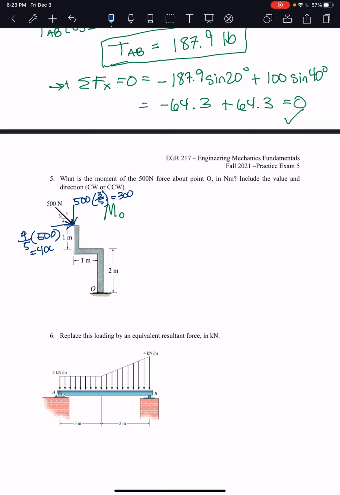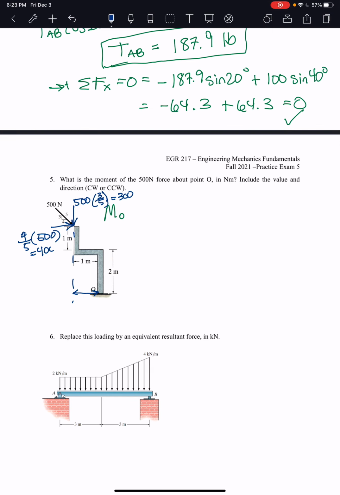And so that distance is 1 meter. If we look at this 300 Newton force, or the y component of that 500 Newton force, moment about O, and we're going to do our normal counterclockwise is positive.